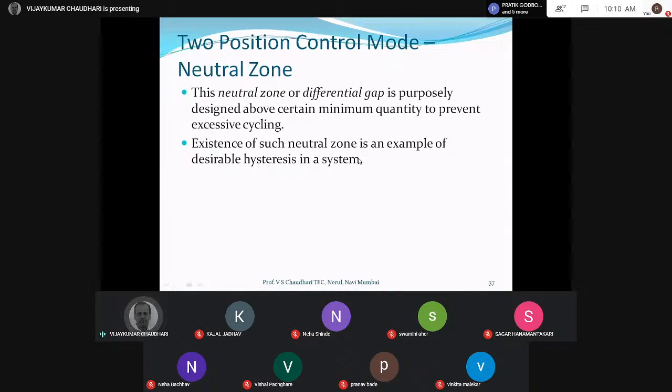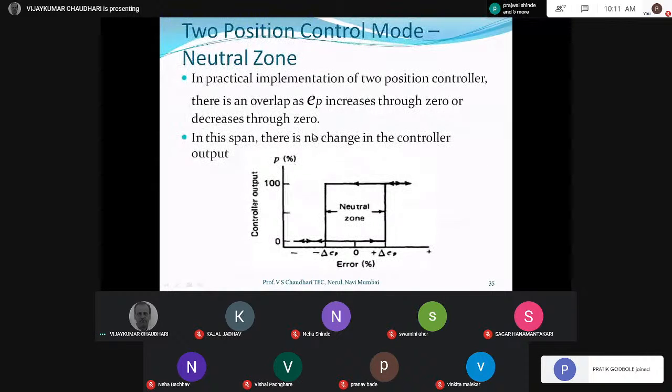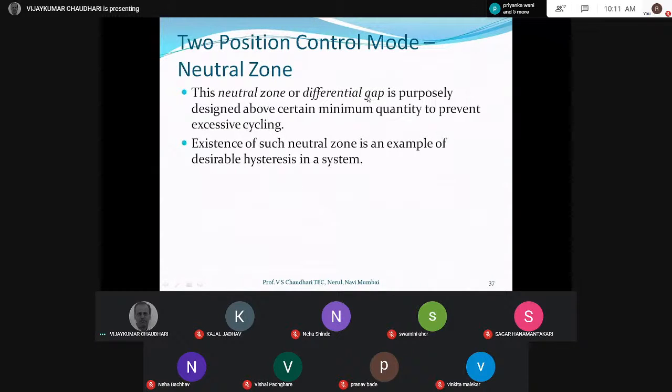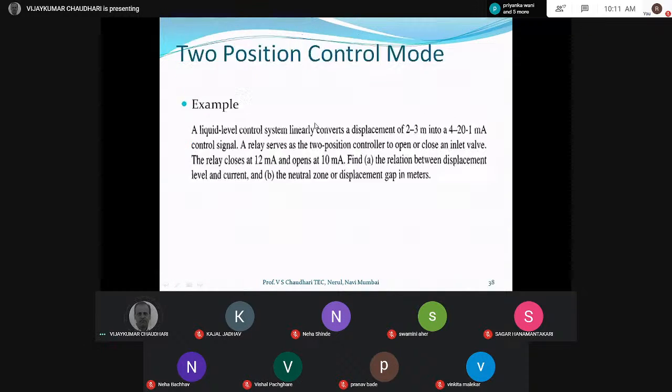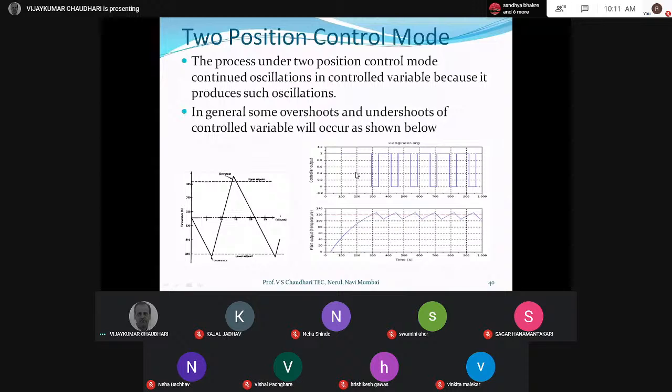So what is the neutral zone then? We saw an example on the neutral zone, then finding the neutral zone. We saw the oscillations of the two position controllers.